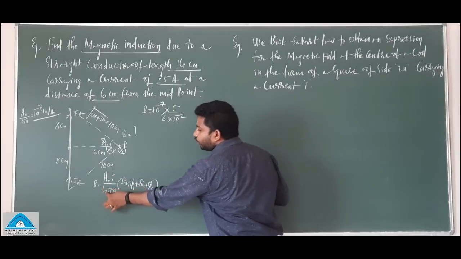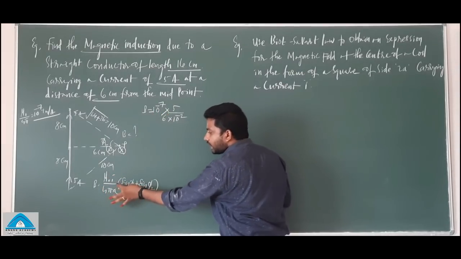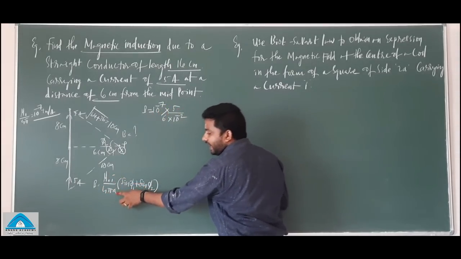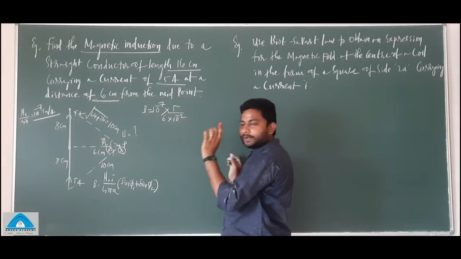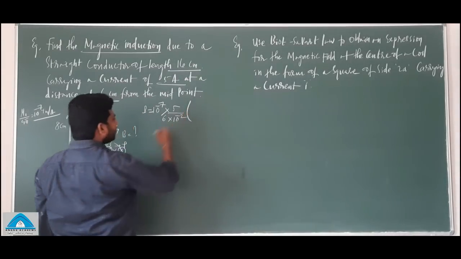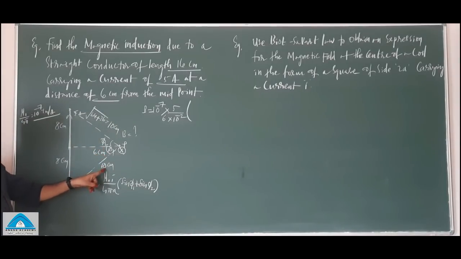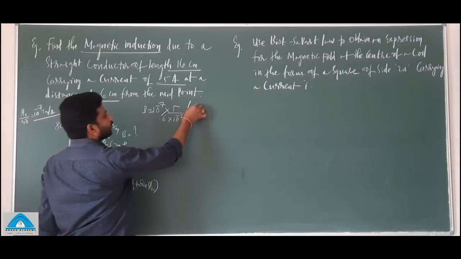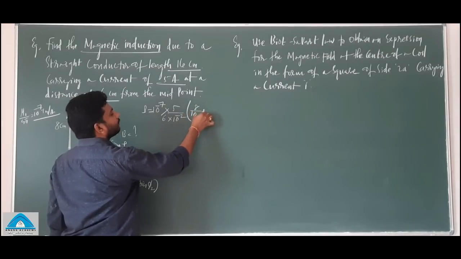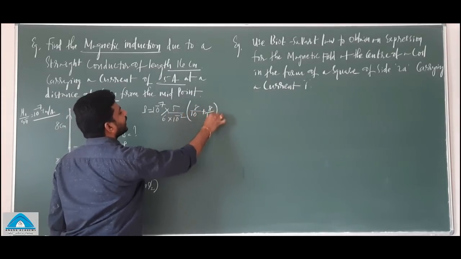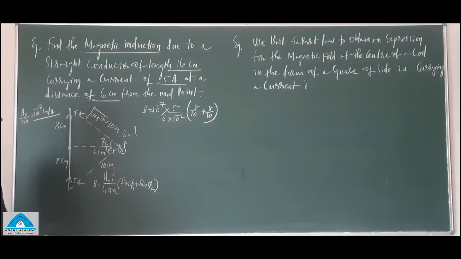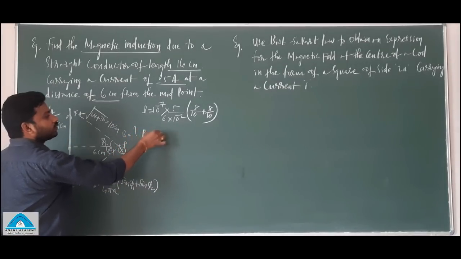So mu naught by 4 pi is 10 raised to minus 7. I is 5 ampere. A is 6 centimeters, into sin phi 1. Sin phi 1 is 8 by 10, plus sin phi 2, also 8 by 10. Done. So B is equal to, what is that?